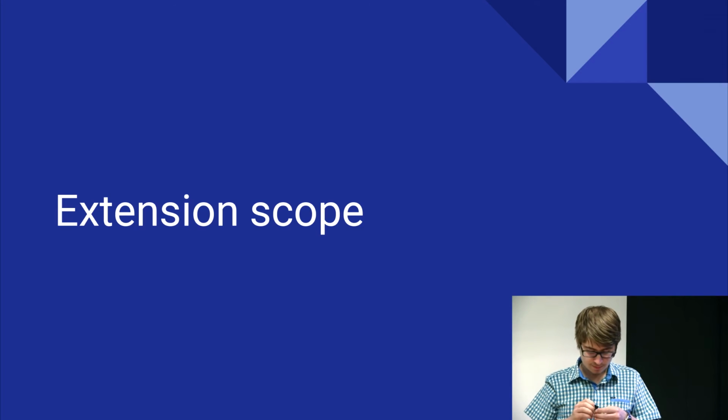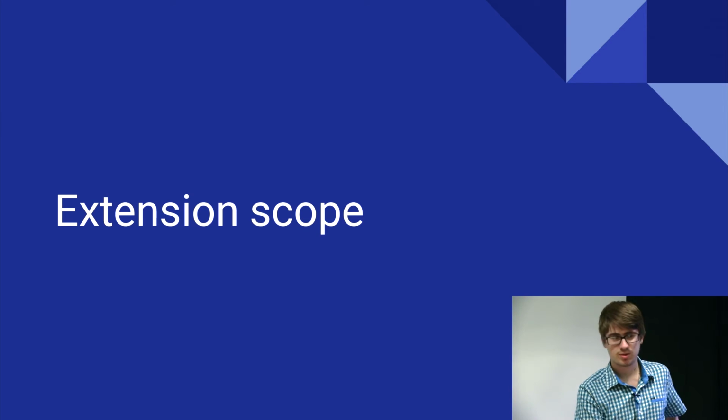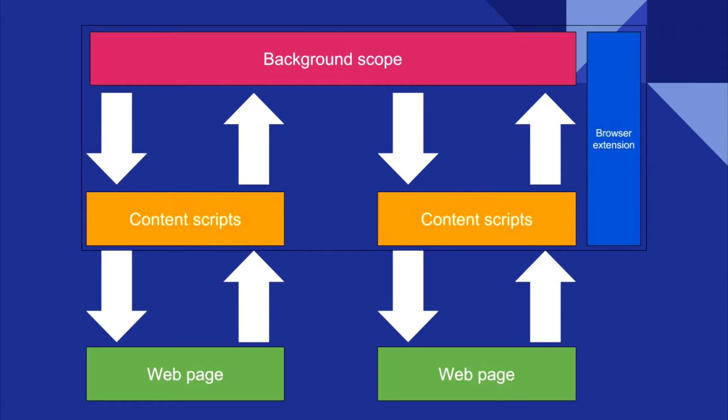Now the extension scope: I will tell you how an extension actually interacts with the browser, how it works, and which life cycle it has. On the scheme you can see the background scope and the content scripts, which is basically the old browser extension. The background scope has only one copy. It runs in the background and reloads only when you reload the extension completely, for example by reinstalling or updating it.